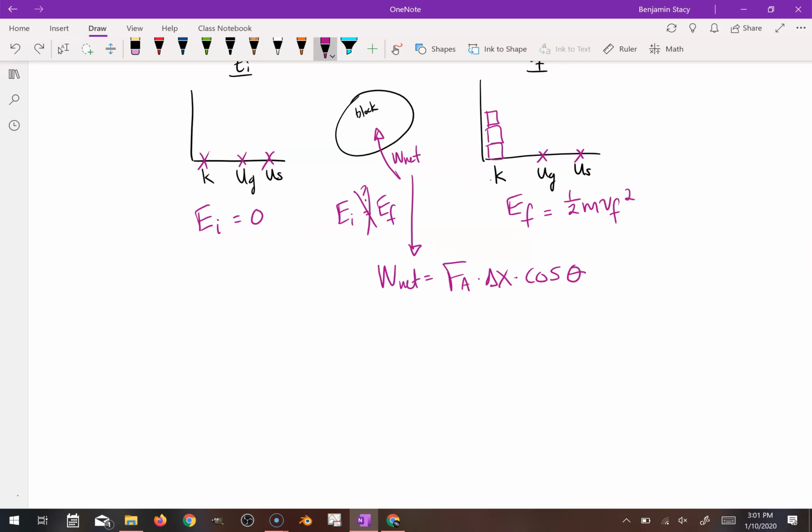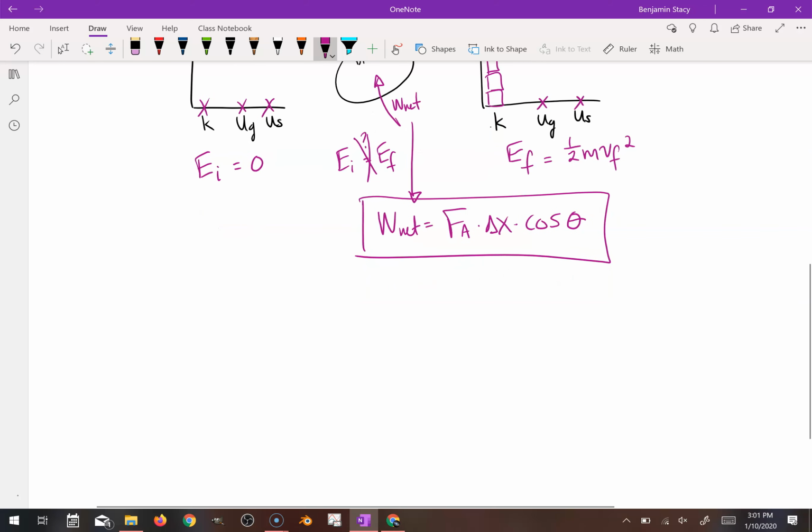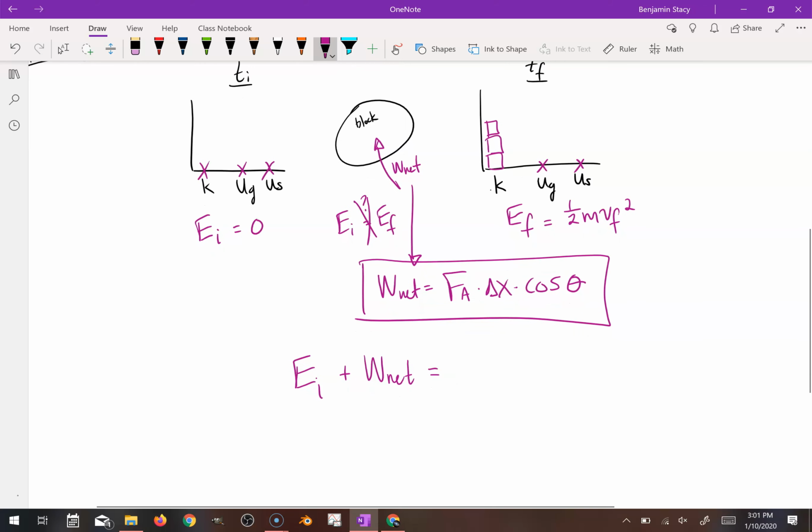All right, so initial energy 0. Final energy is all the final kinetic energy. And we gained energy. We had energy added to the system. How much? Well, it must be equivalent to the net work. So I can write out a mathematical statement now. Initial energy, what I started with, which was nothing, plus the net work, which is equivalent to the change in energy from the work-energy theorem, equals final energy, since I have an arrow going into my system.